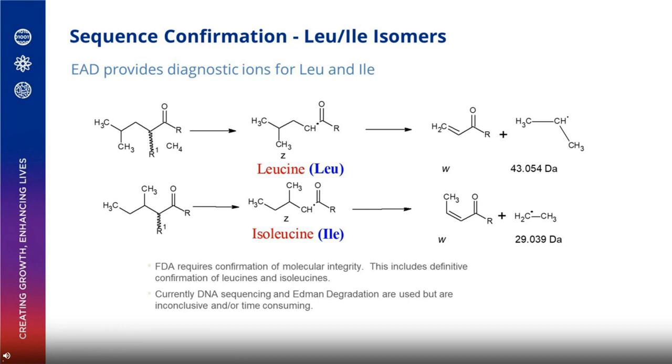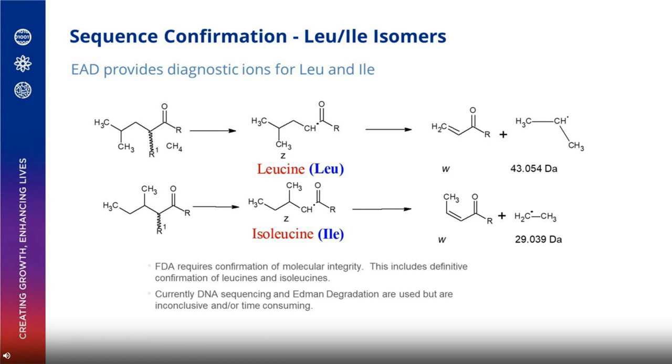Generally, leucine and isoleucine are considered indistinguishable by mass spectrometry because their molecular masses are exactly the same. Currently, DNA sequencing and Edman degradation are used for this, but are inconclusive and time-consuming.